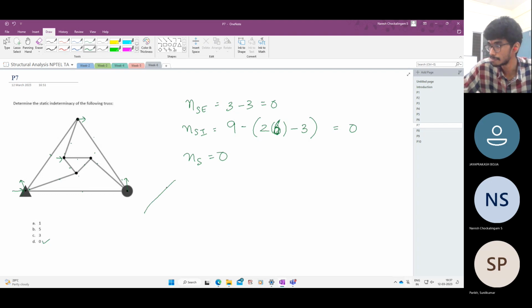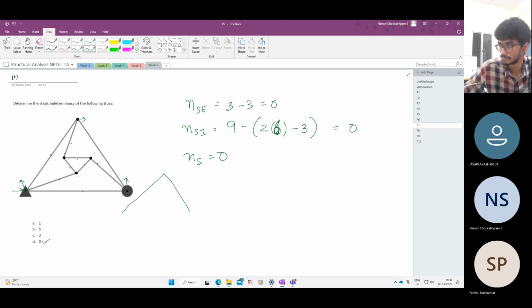Now, the same number of members, same size of members, if I do it this way, sorry, let me do it. Suppose same triangle, and say I'm having a similar triangle in width.